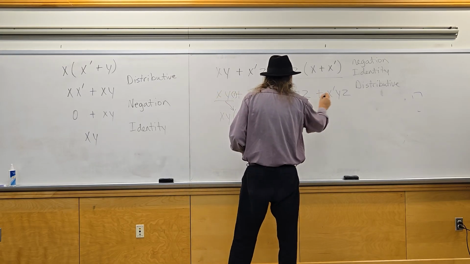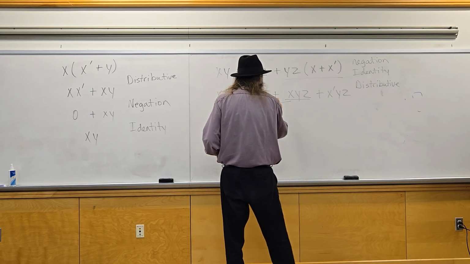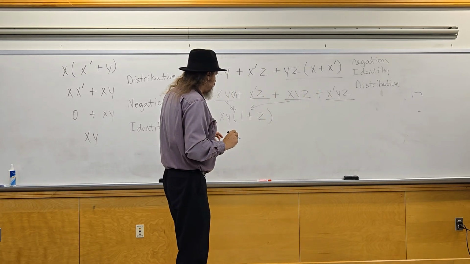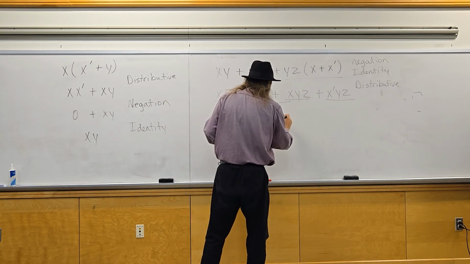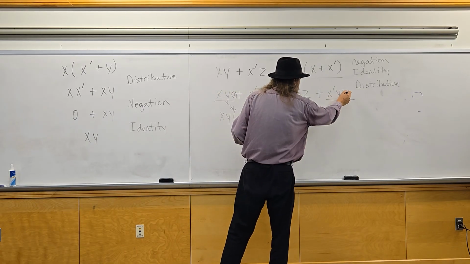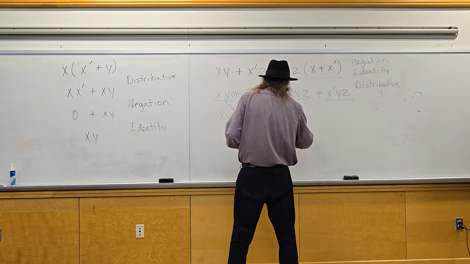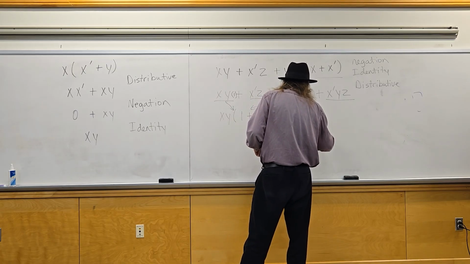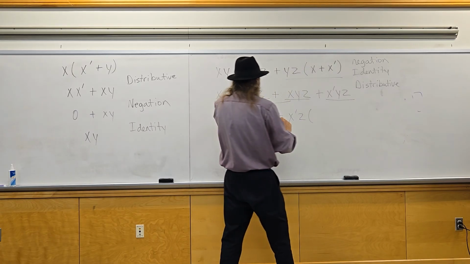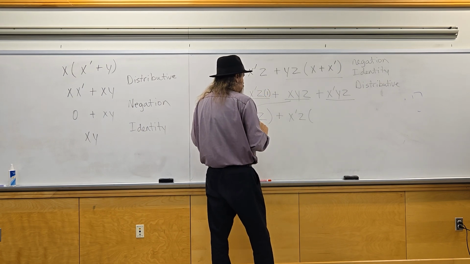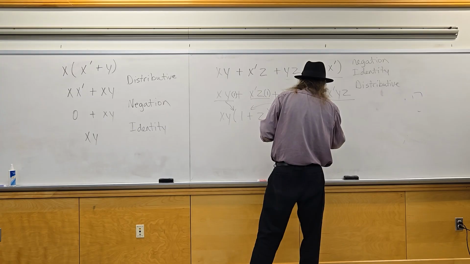Now these two terms, you can factor out or distribute out the x prime z. They both have x prime z. So you have x prime z, and this is again an implied 1 plus y.